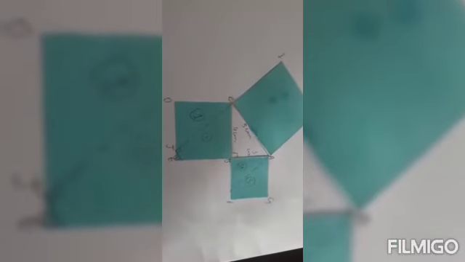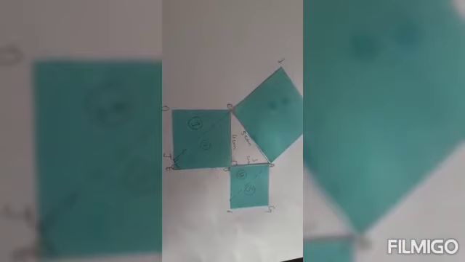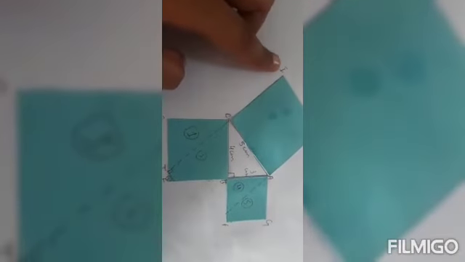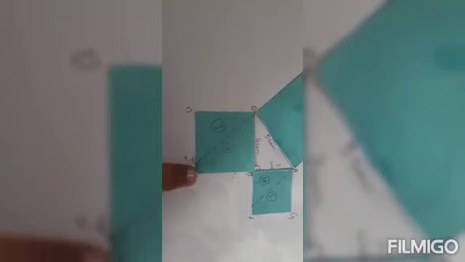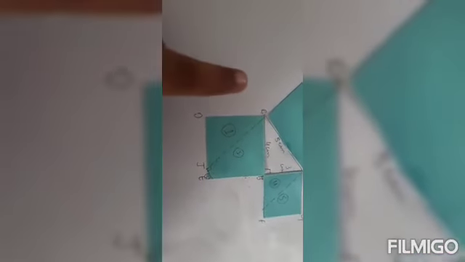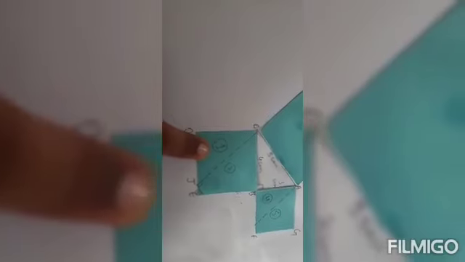So now we have extended this line from I to point J. Here we will make a perpendicular which makes a 90-degree angle, and this is our one part, second part and third part.